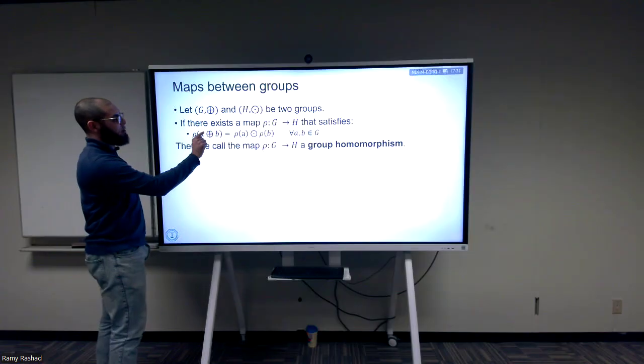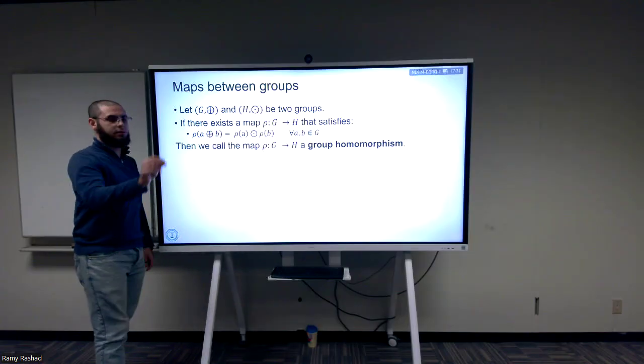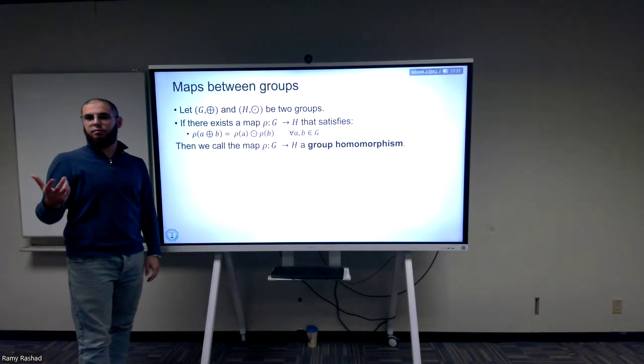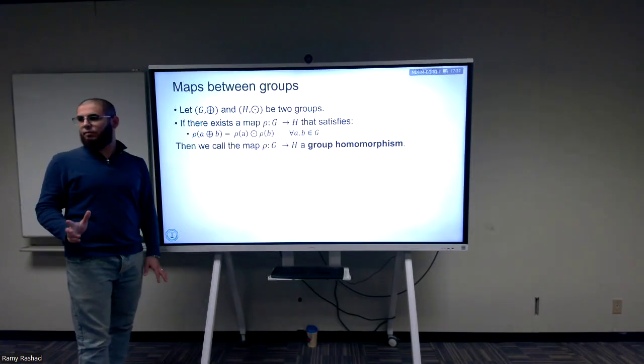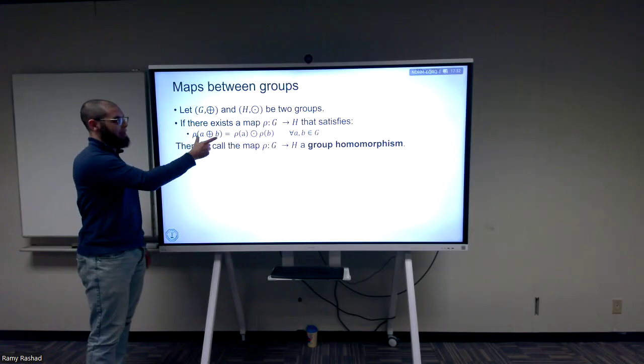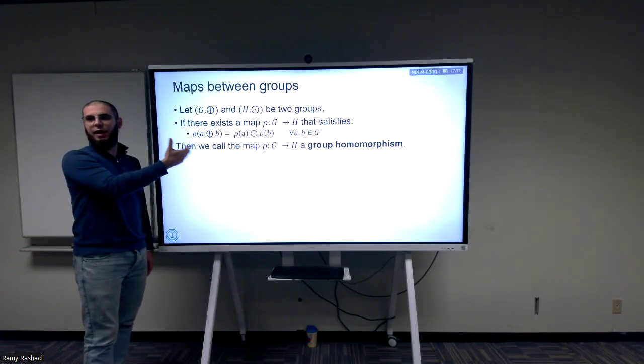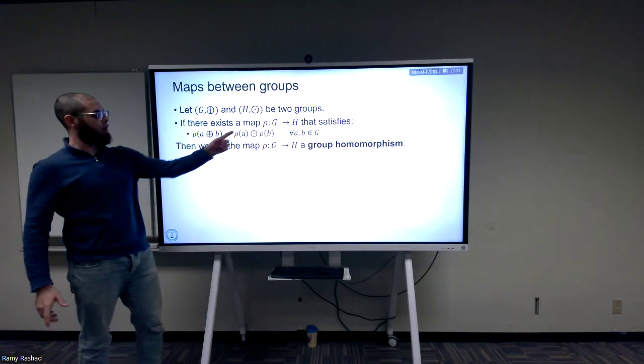So a plus b, where does this element live? In G. And rho can eat an element in G and give you an element in H.